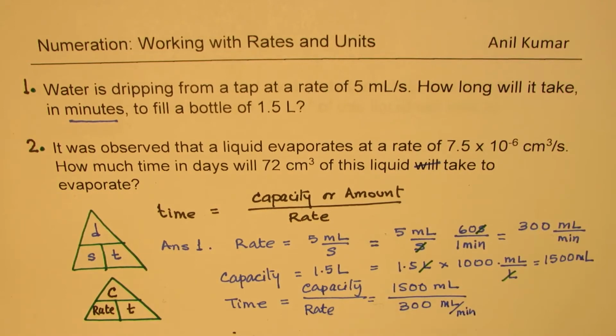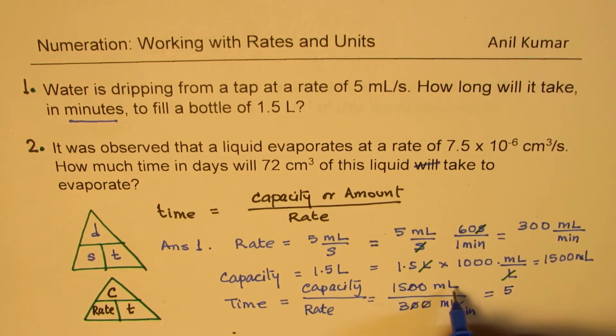Now it's easy to calculate. You can cancel these zeros and you get 15 divided by 3 as 5, and milliliters cancel, so 5 minutes. Our answer is 5 minutes.